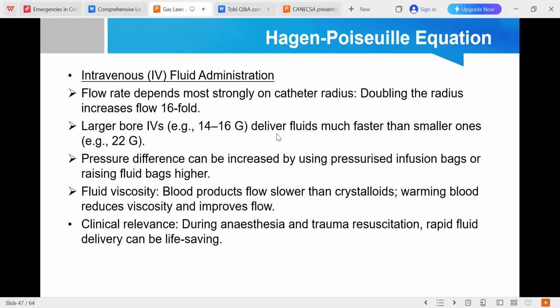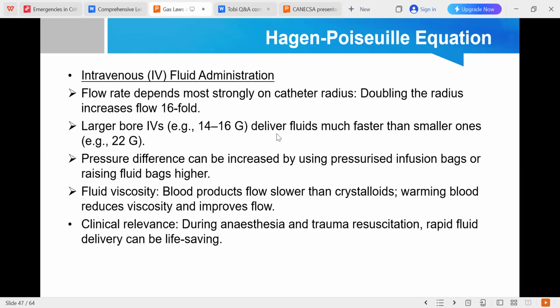This is important. We need to be careful, especially when we are siting our central line. Most central lines may be triple lumen or 5 lumen catheters. They are good because you can give different types of fluid, but flow through them is slower because they have a smaller radius.